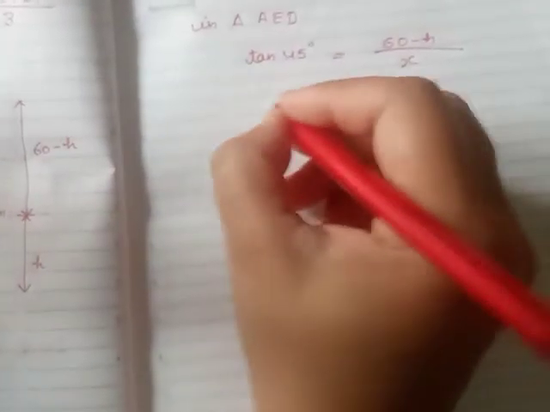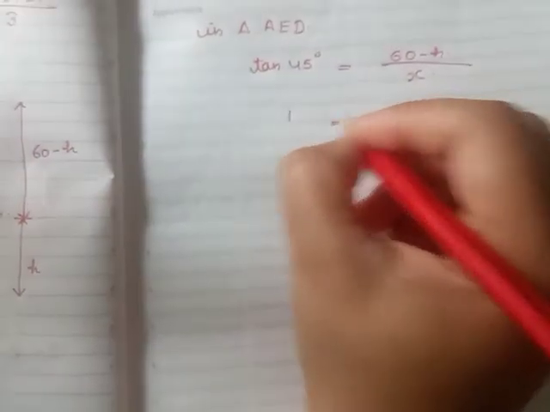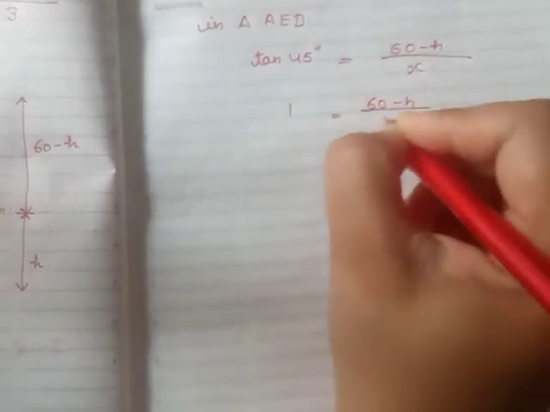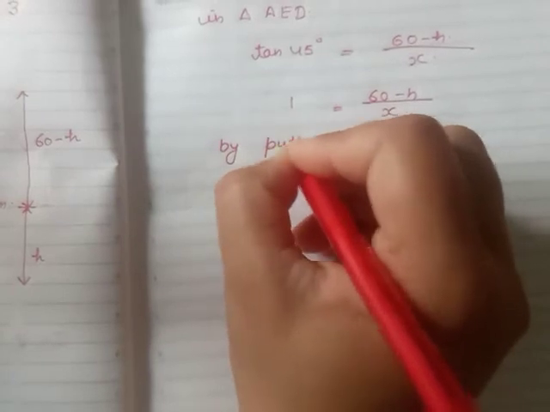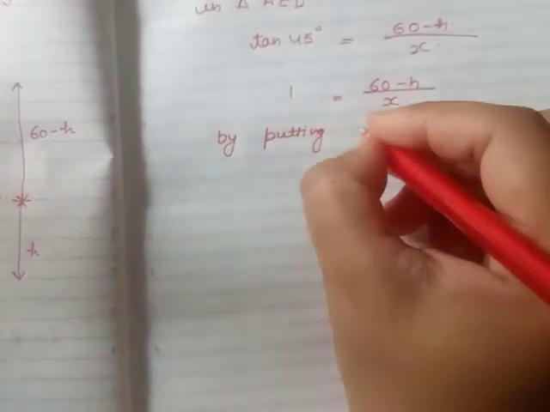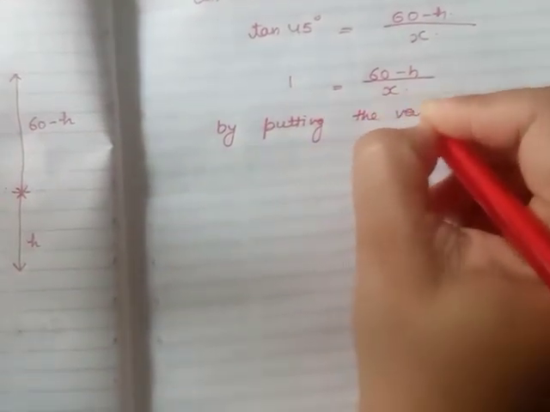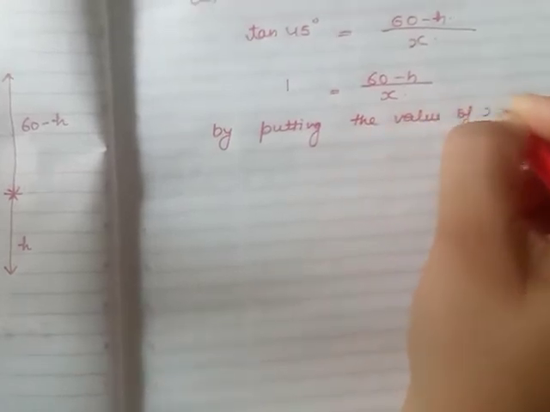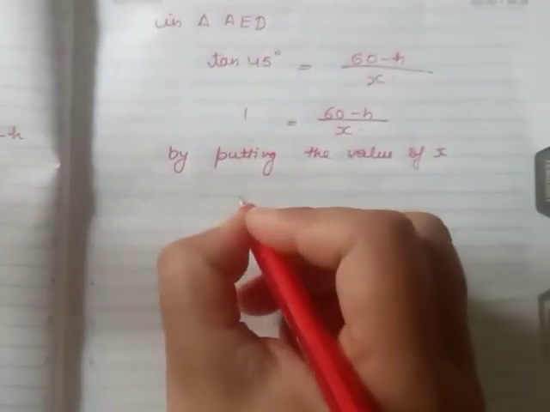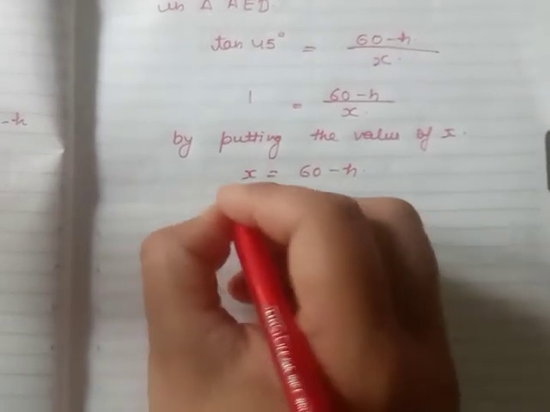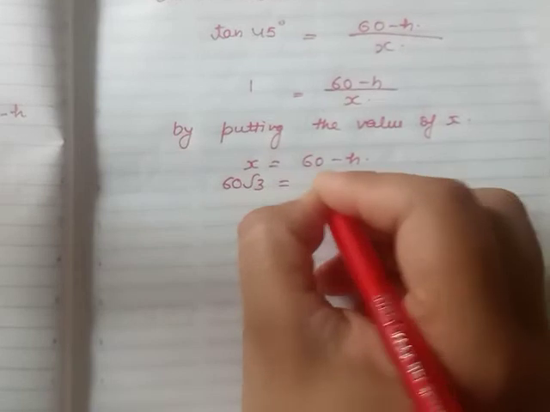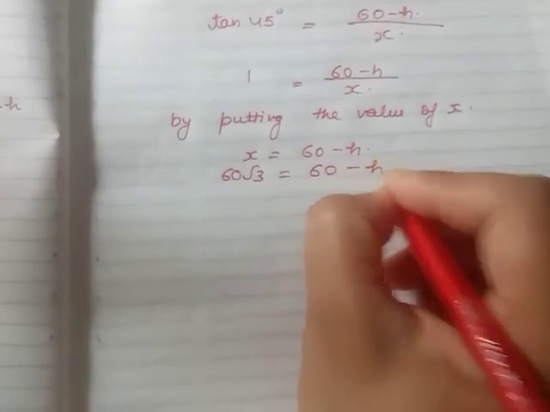Now tan 45 is 1, so it's 60 minus h upon x. What will we do now? We know the value of x. By putting the value of x, it would be equal to 60 minus h.